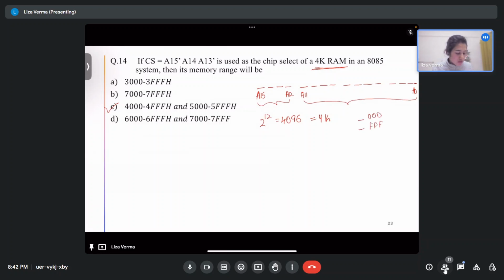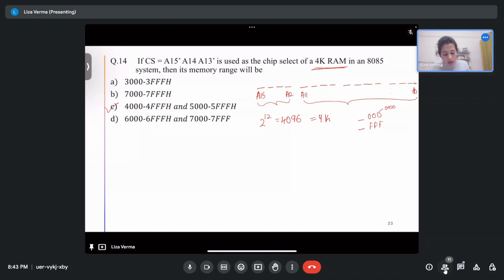Let's leave this one blank for now. Do you know how this zero is coming from? This zero is actually 0000 for A0 to A3. So all of the lines A0 to A11 can go from 000 to FFF for all of the 4K RAM's memory to be addressed.